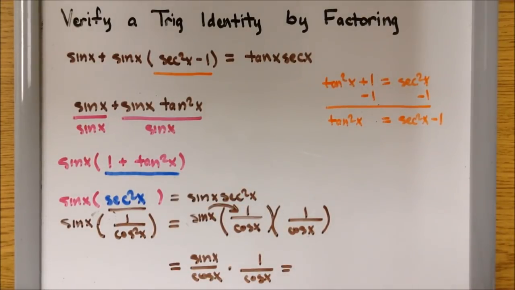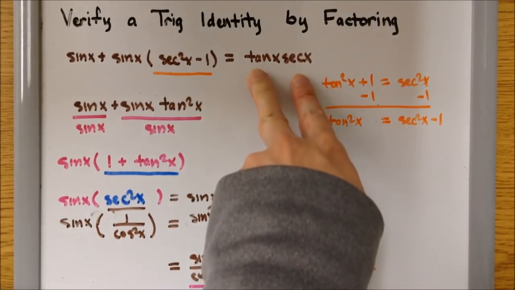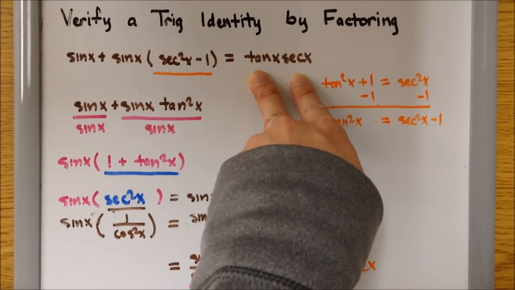So now let's apply some identities. This one, we're going to apply the quotient identity. So sine of x over cosine of x, that's tangent of x. And then 1 over cosine of x, that's the reciprocal identity, which is secant of x. So taking a look at our answer, tangent of x times secant of x, that's the same as the original example, tangent of x times secant of x.